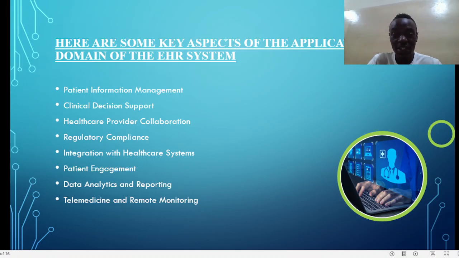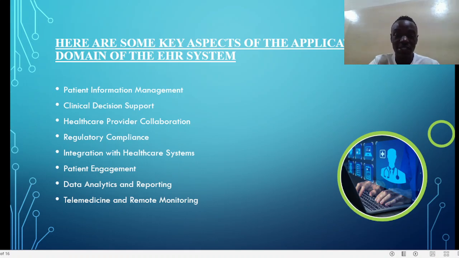Then we have regulatory compliance. The system must adhere to regulatory requirements such as the Health Insurance Portability and Accountability Act. We have integration with healthcare systems. The system should be designed to integrate with other healthcare systems and technologies such as electronic prescribing, laboratory information systems, and billing systems to improve efficiency.